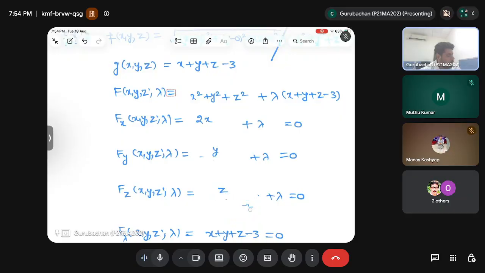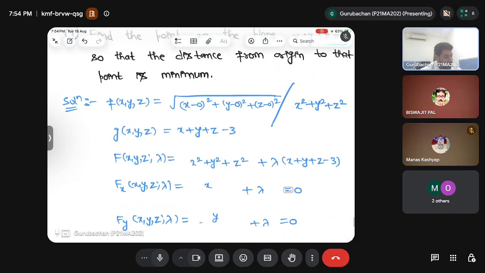Now tell me what will be the... Sir, why are you removing the square root? See, I am saying if you want to minimize this quantity for any point, then if you minimize this one, it will be the same. So that's why I am going for an easier option to solve.